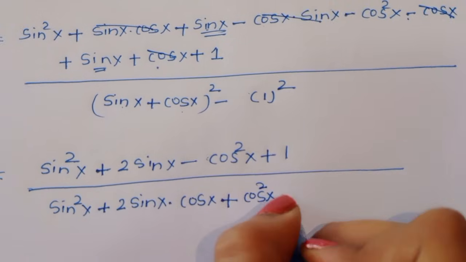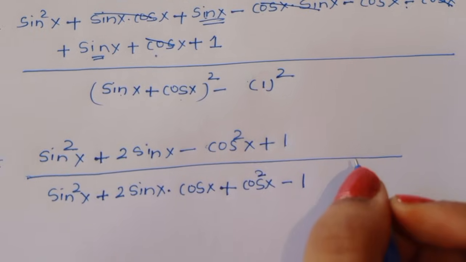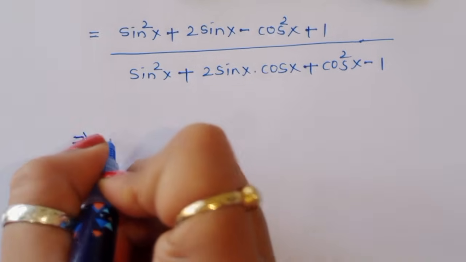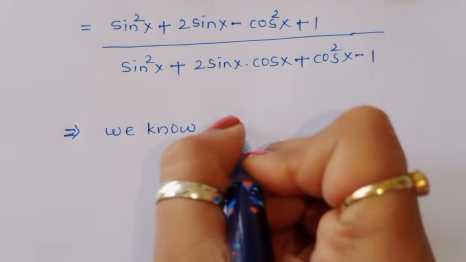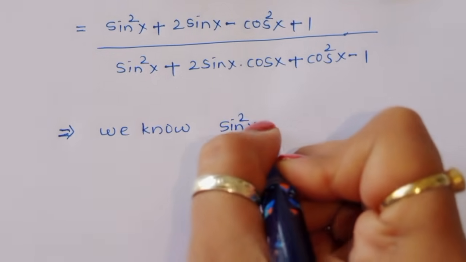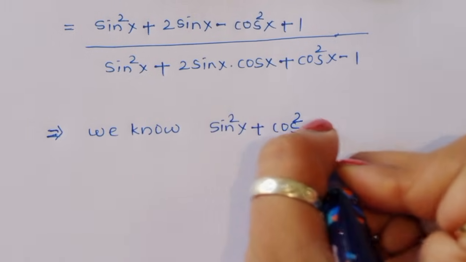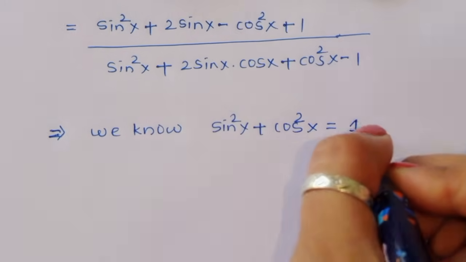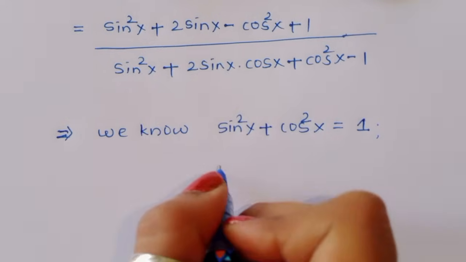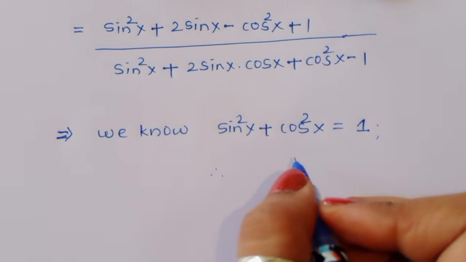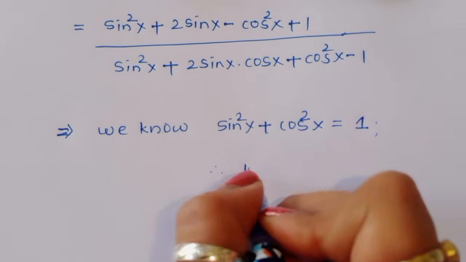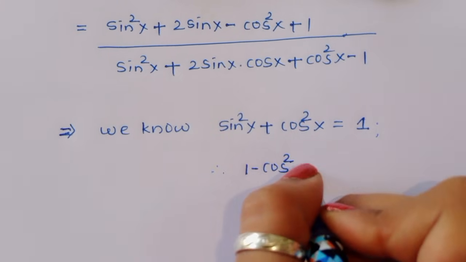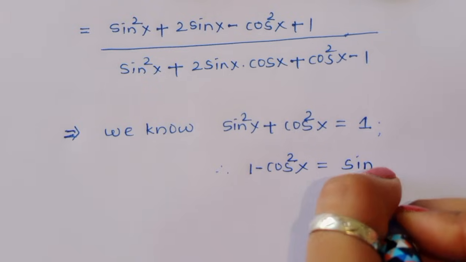Now minus 1 is equal to... we know the formula sin square x plus cos square x is equal to 1, right? Therefore we can say 1 minus cos square x is equal to sin square x.